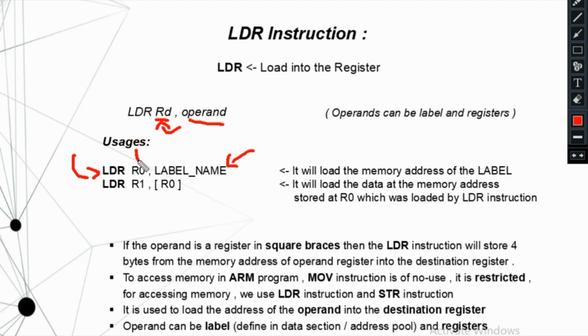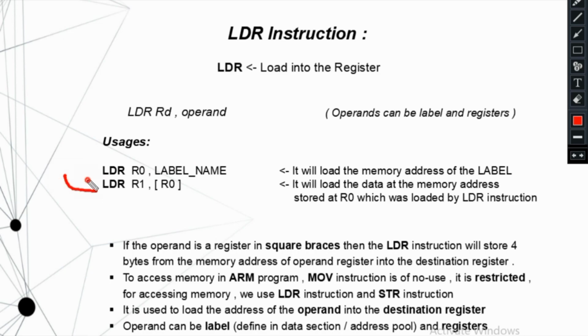After the execution of this instruction, R0 will store the memory address of this label. Then R0 will be used by any other memory operation in our program to operate at this memory address.